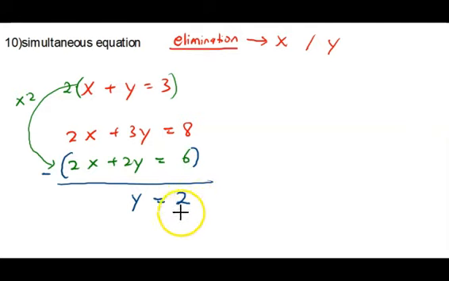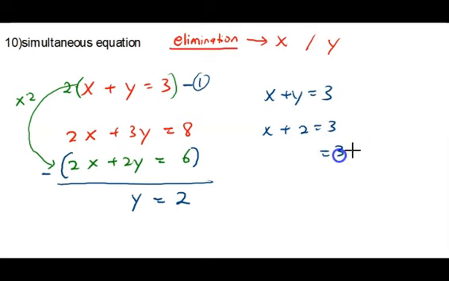Okay, so this is for y, and then we take the y value and substitute inside the first equation, which is the easiest. So here we got 2, and we move the 2 there, it becomes minus. So for x here, you have 1. Okay, so this is simultaneous equations for the elimination method.